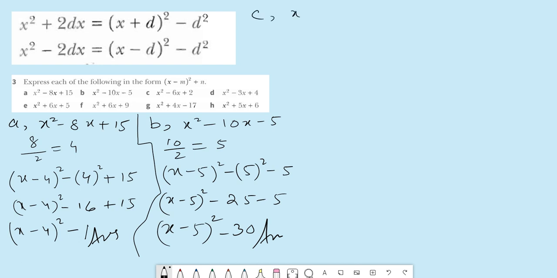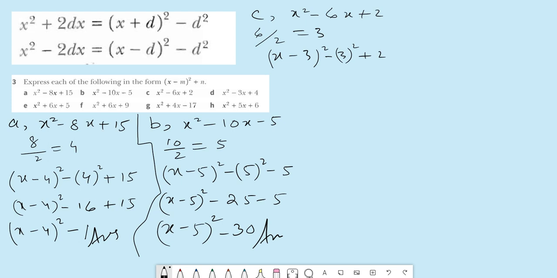x square minus 6x plus 2. What is the coefficient of x? 6. 6 upon 2 is 3. So x minus 3 whole square minus 3 whole square, and this plus 2 remains plus 2.